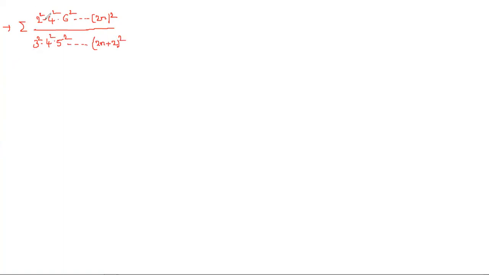So 2 square into 4 square into 6 square and so on 2n whole square by 3 square into 4 square into 5 square and so on 2n plus 2 whole square.